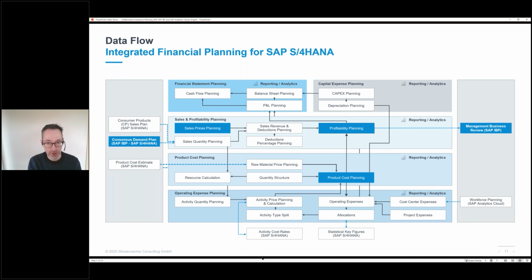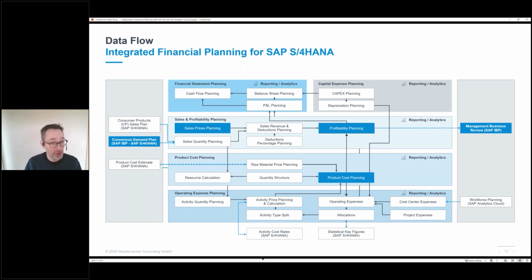We've also got a connection to IBP, because here an obvious thing is if we're using IBP, then we're going to be doing our demand planning there. And for us to arrive at the consensus demand in IBP, this is the source of planned revenue at an extremely detailed level for us here in profitability planning.